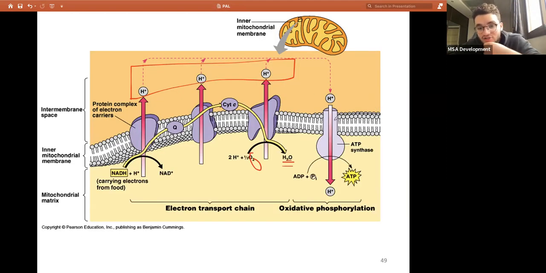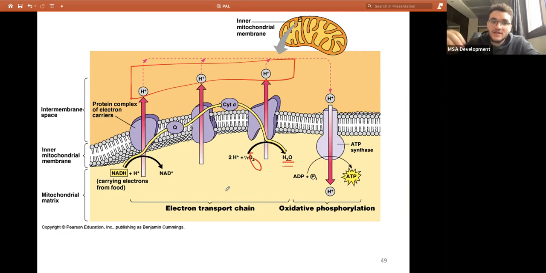Obviously we know they tend to go from high to low, right? So we have an enzyme that helps transport the protons. These protons are going to go back into the mitochondrial matrix. And the point of that is, remember when I said, if you want to form ATP from ADP and phosphate, you're going to need energy. And this energy comes in the form of these protons.